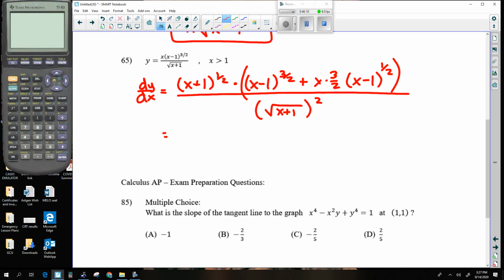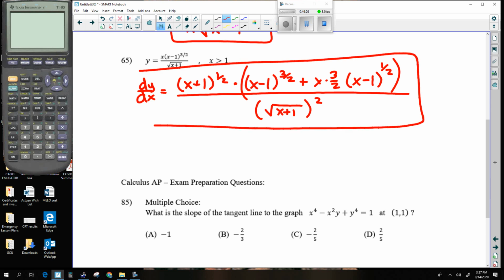This is x plus 1 to the 1/2. All right, I'm just going to stop there. This is stupid. This is stupid. I think you can square that.